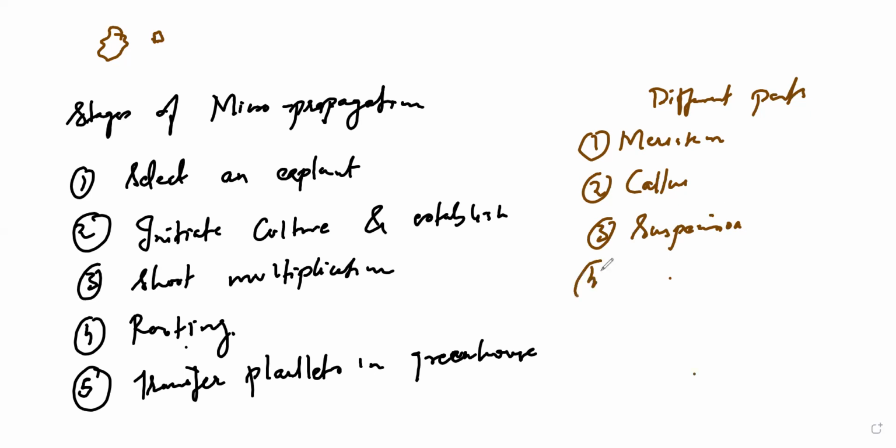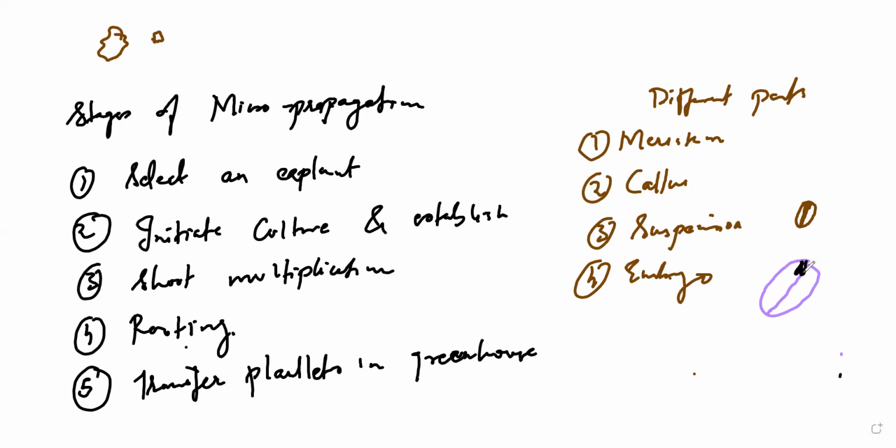Then fourth you can take is embryo. The best example I can take is peanuts, the groundnuts. If you break that groundnut exactly in half, here you will find a small thing like this.